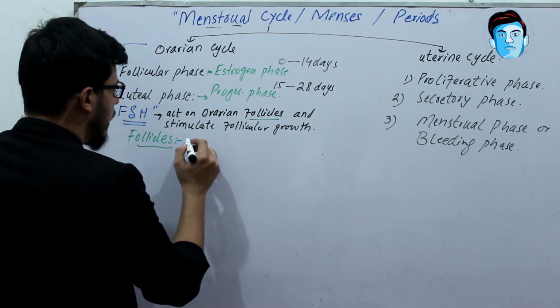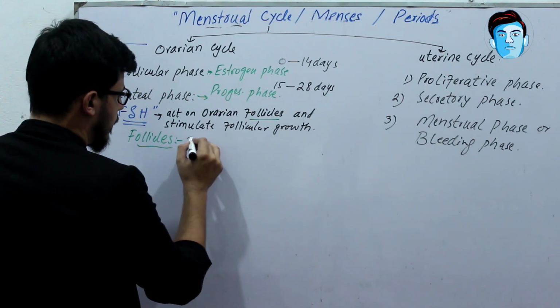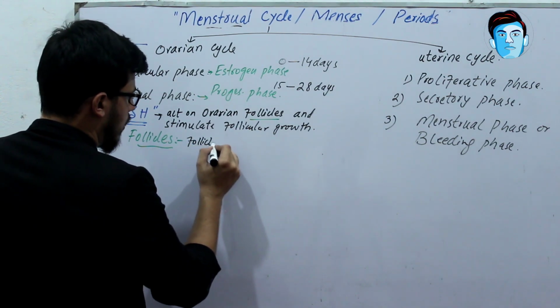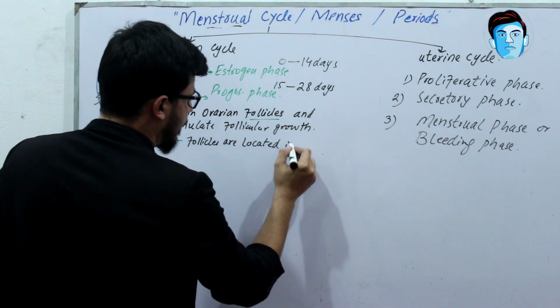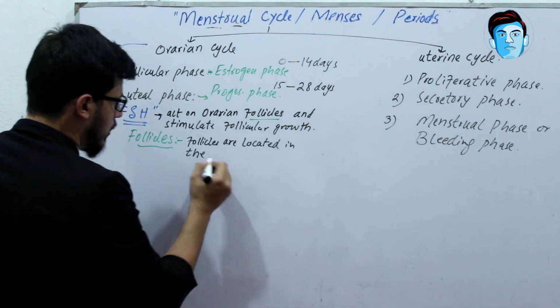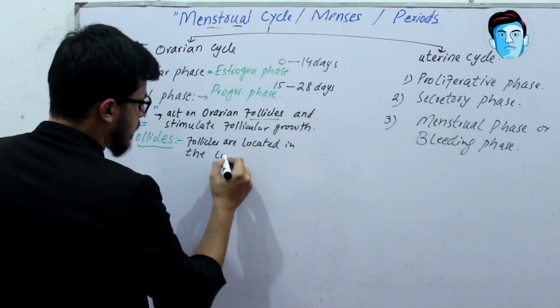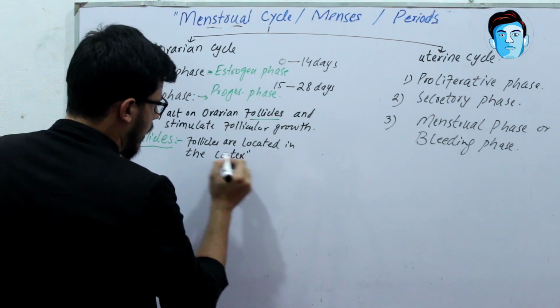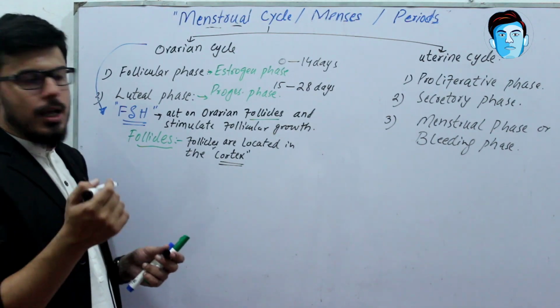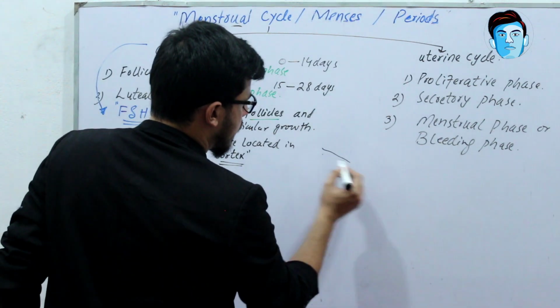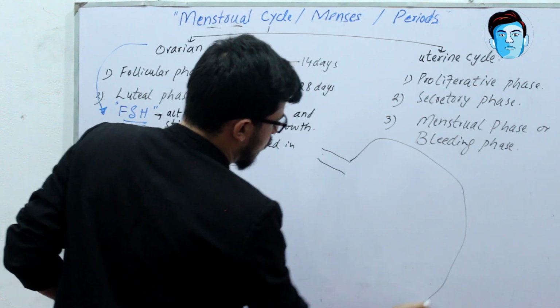The ovarian follicles are located in the cortex of the ovary. As you know the normal structure of the ovary, say this is a normal structure of the ovary.